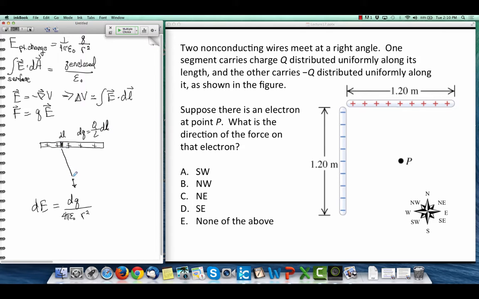We need an x component and a y component. We should calculate the two separately. This is a normal kind of coordinate system, has x as the horizontal coordinate, y as the vertical coordinate, and we would want to calculate the two separately.